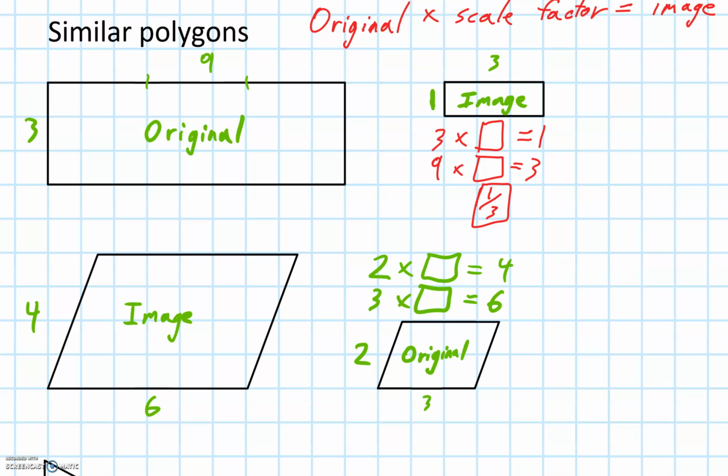For them to be similar polygons, they have to be multiplied by the same thing. Otherwise, it's not only enlarged or made smaller, it's also being stretched in some way, and we're not stretching it. These are similar polygons. So 2 times 2 is 4, and 3 times 2 is 6. So our scale factor is 2.